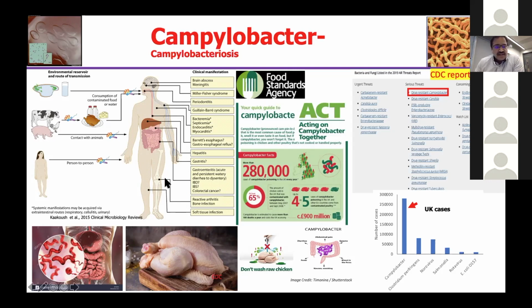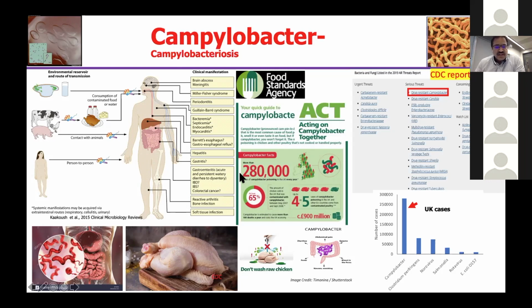Campylobacter is a normal gut flora in chicken as well as in domestic animals, and the source of contamination is mainly poultry. According to the Food Standards Agency, about 73% of supermarket chicken were tested positive for Campylobacter during 2014 and 15.